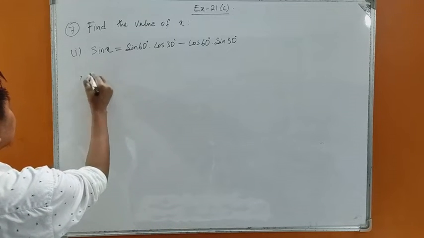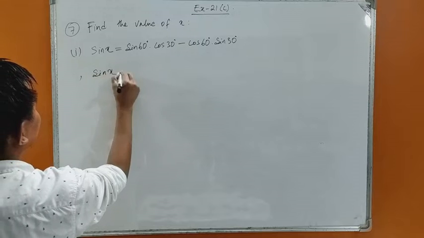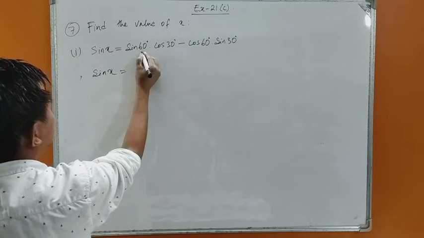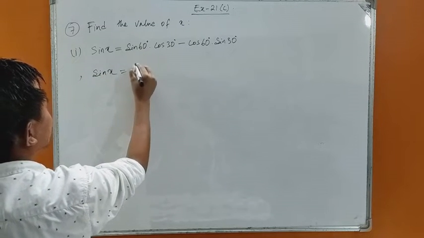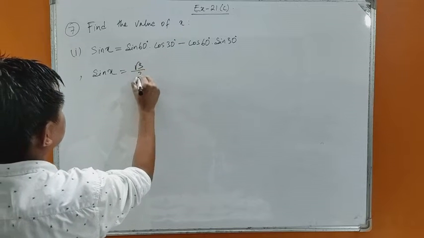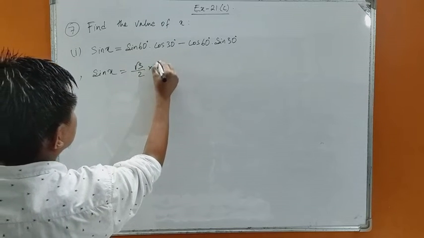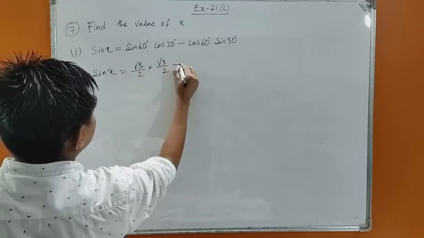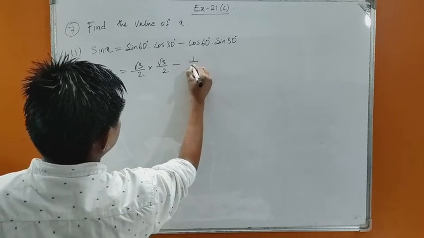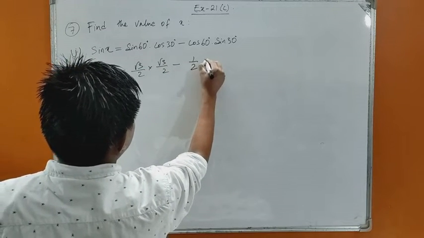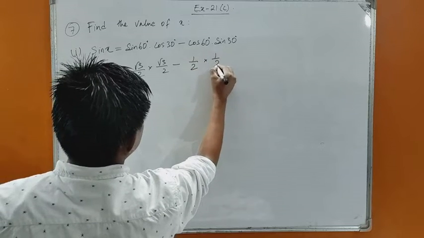So we have sine x equals sine 60 into cos 30 minus cos 60 into sine 30. What is the value of sine 60? Sine 60 is root 3 upon 2, into cos 30 which is root 3 upon 2, minus cos 60 which is 1 upon 2, into sine 30 which is 1 upon 2.